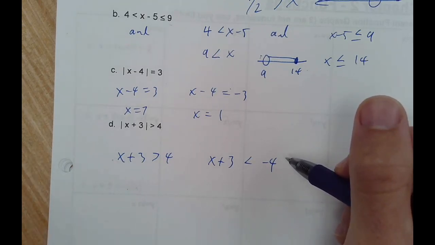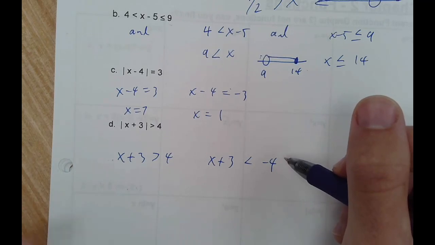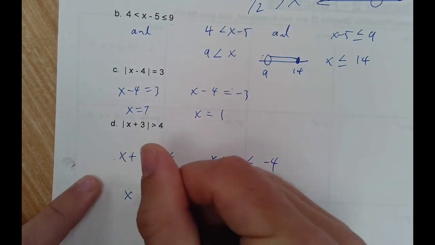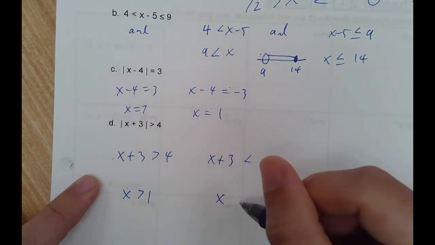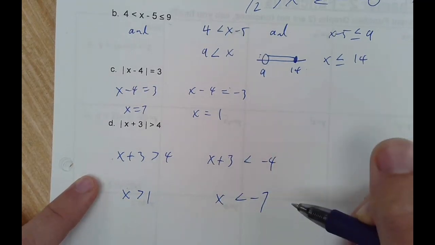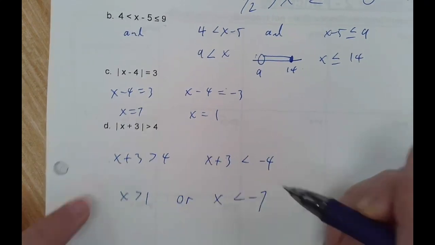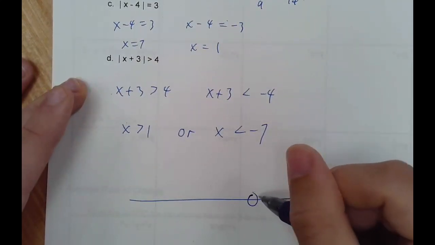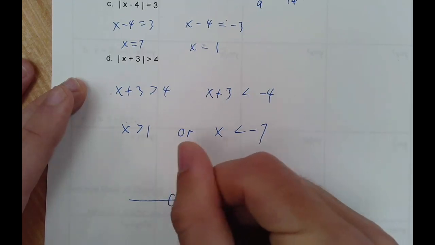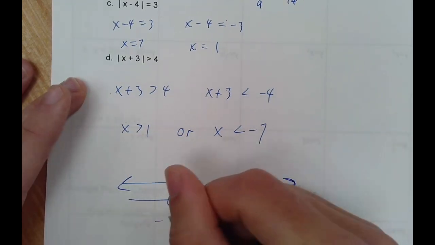That's how I think of it anyway. So from here, x is greater than 1, and from here, x is less than negative 7. And this is an or right here. So greater than 1 or less than negative 7. Okay?